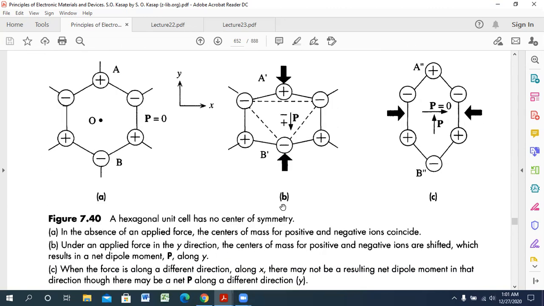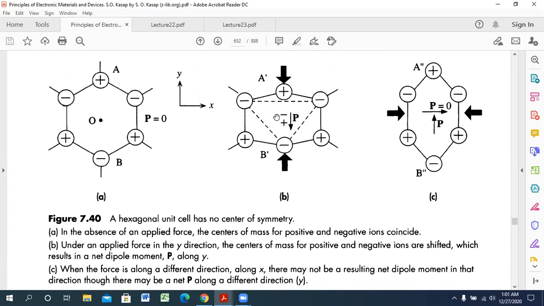If we look at the next figure, this one is a hexagonal crystal, and there we will have a center point. Now if we apply some pressure there, from the upward direction or from the two sides, then if you look carefully, the center of mass is shifted.